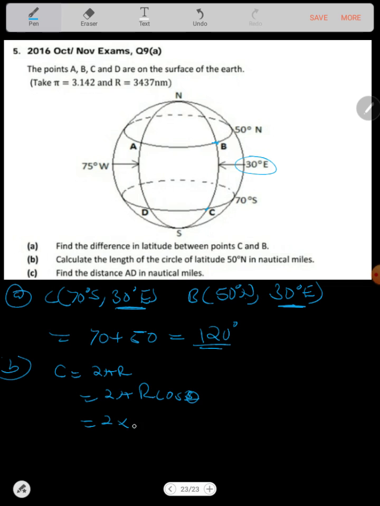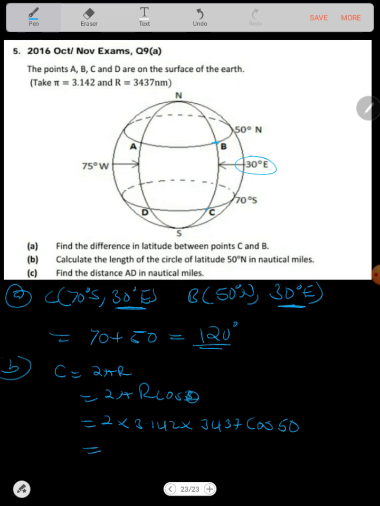This is 2. Pi is 3.142. Radius is 34.37 cos 50 degrees. And we can now hit the calculator.